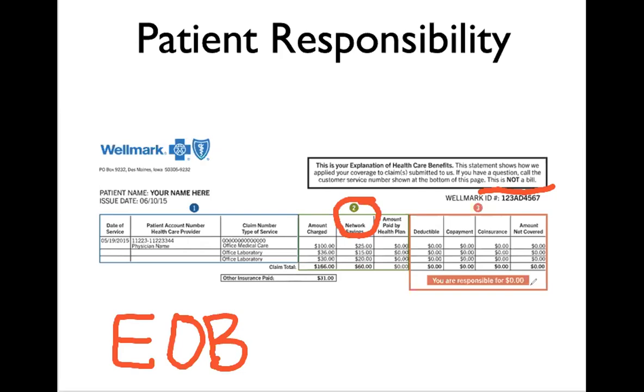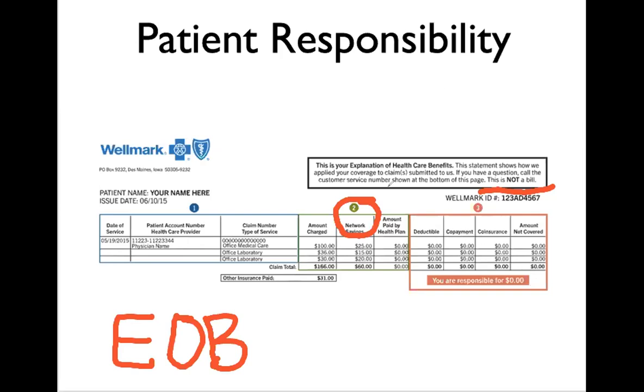Nobody pays us, for the most part, what we charge. We have contracts with these different payers, and they pay us what we agree upon. So even though we charge 100, we will accept a certain dollar amount.